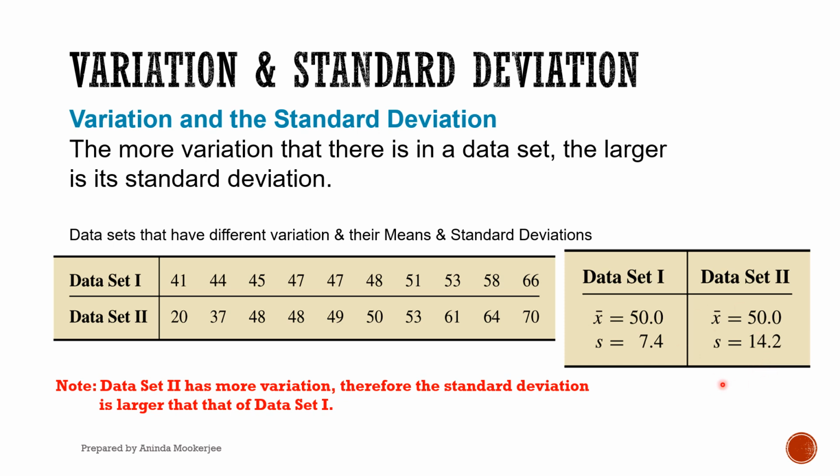So what does this tell us? It tells us that the higher the value of the standard deviation, the greater is the spread of the data values from the mean.